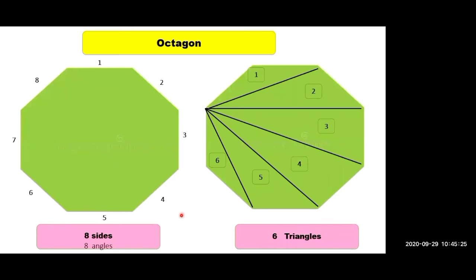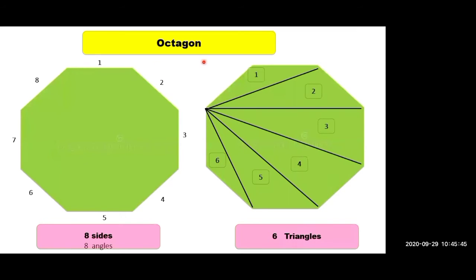Okay. And how many triangles can be formed from one vertex? From one vertex, 1, 2, 3, 4, 5 and 6. 6 triangles altogether in octagon.